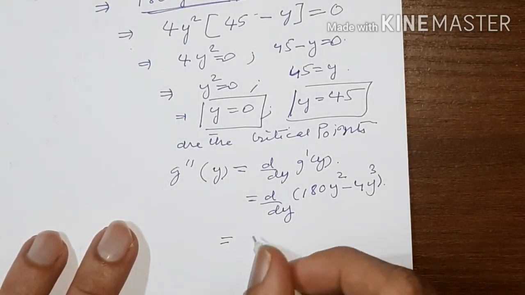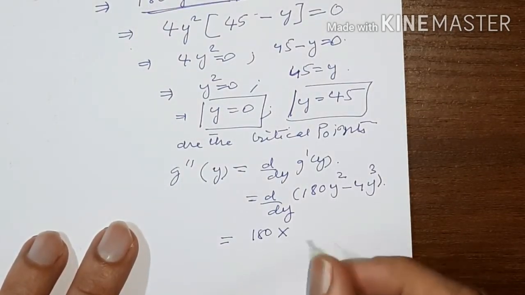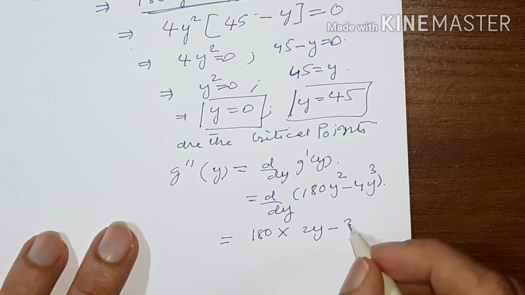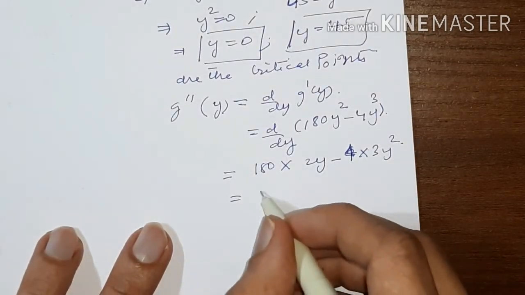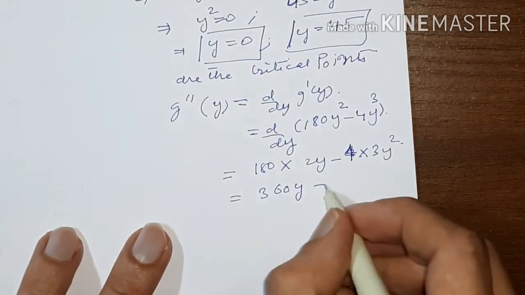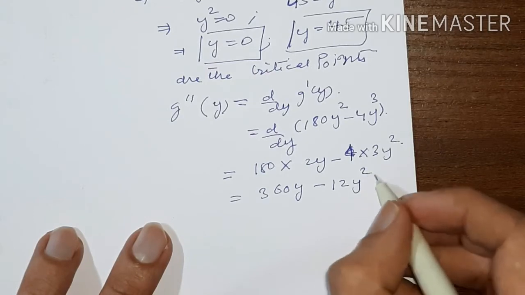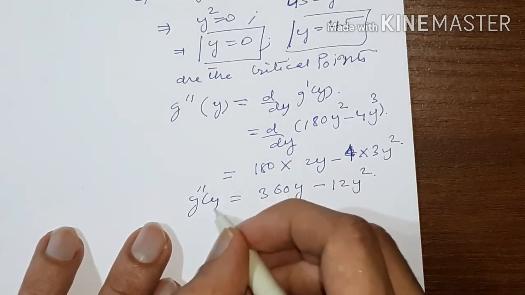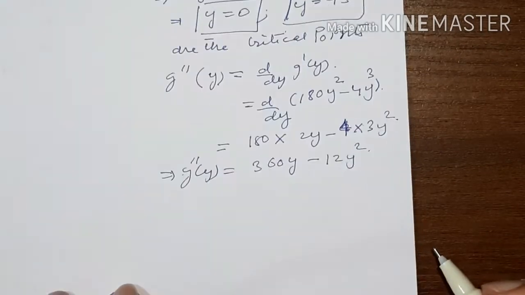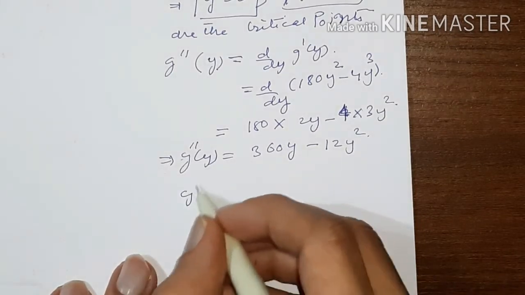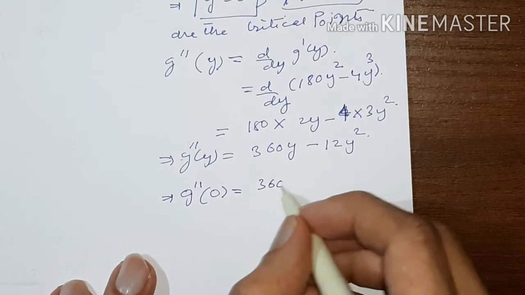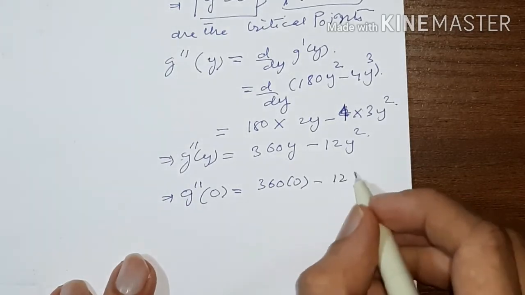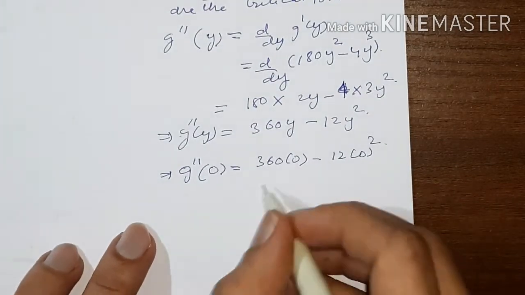So that is nothing but 180 multiplied by 2y minus 4 multiplied by 3y square, which is nothing but 360y minus 12y square. So g double prime of y at 0 will be what? 360 times 0 minus 12 times 0 square.